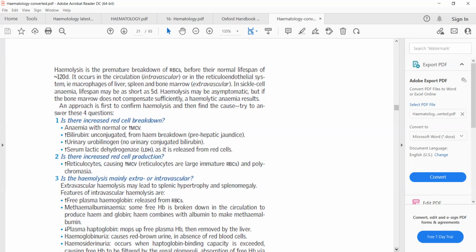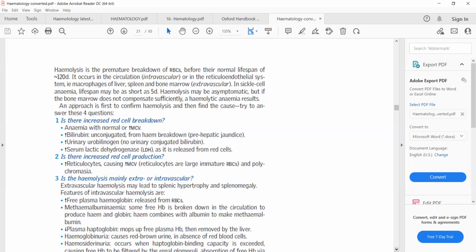Now the fourth thing is an enzyme, lactic acid dehydrogenase or lactate dehydrogenase, or simply LDH. LDH is an enzyme which is released by the red blood cells when there is hemolysis. So these are a few things by which you can identify hemolytic anemias.